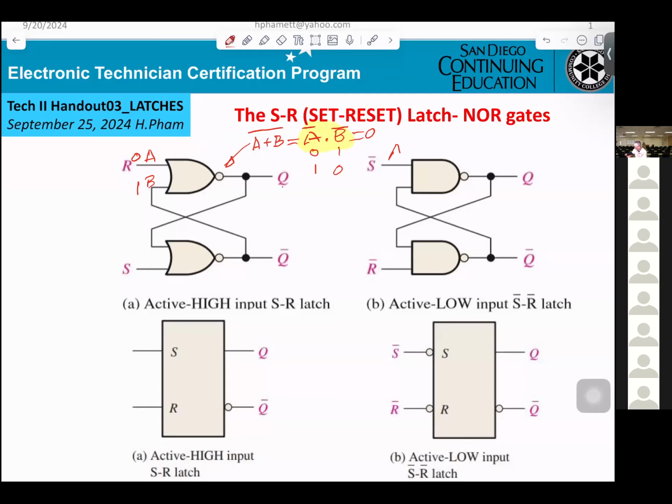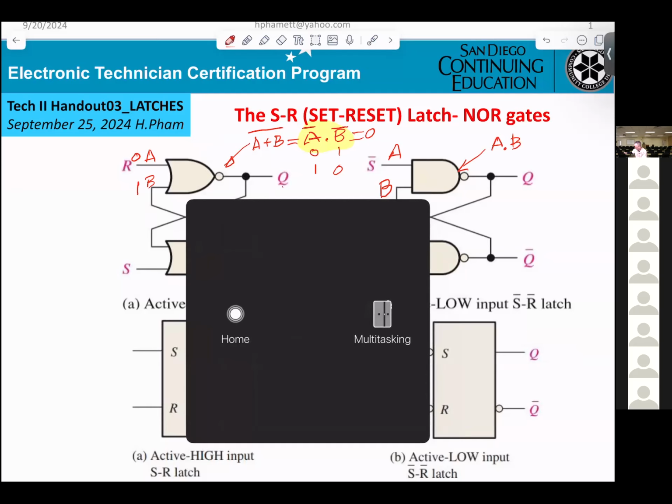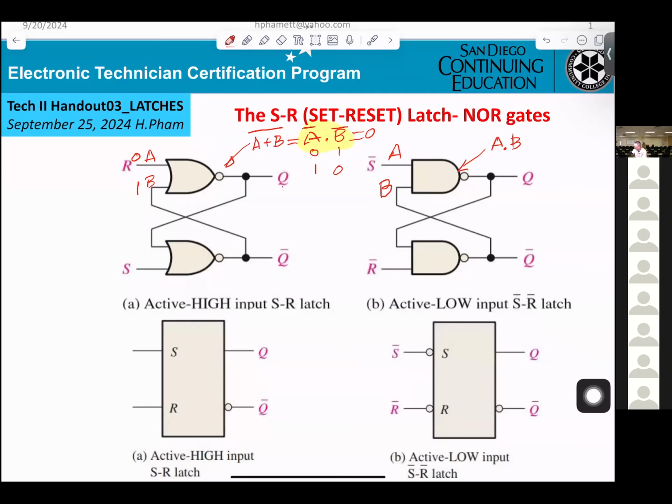If you get A here and B here, first thing, you get A and B. And now you get an inverted bubble, put the bar over. You get a product, you convert it into the sum, so you get not A or not B.